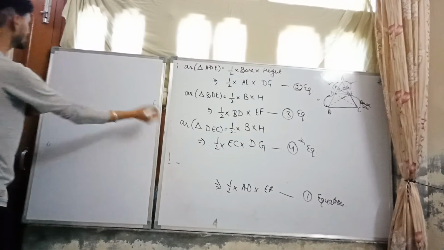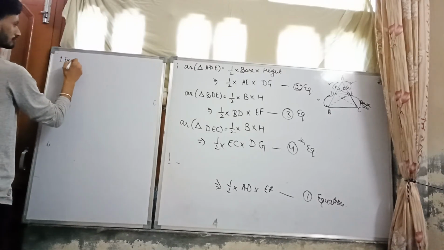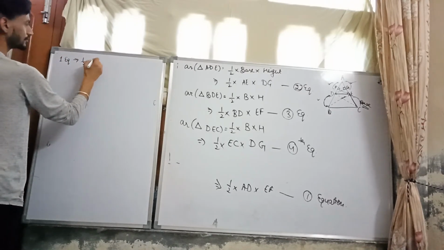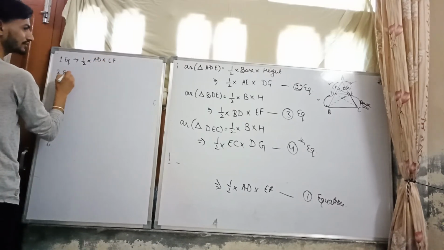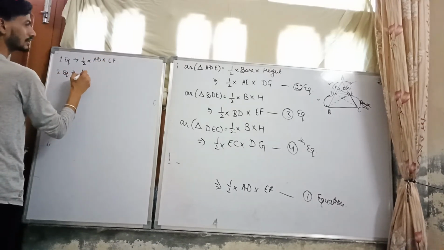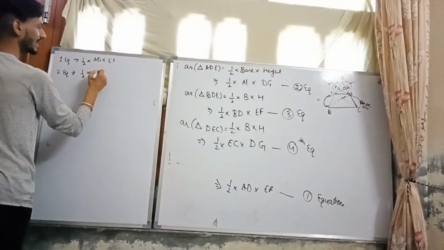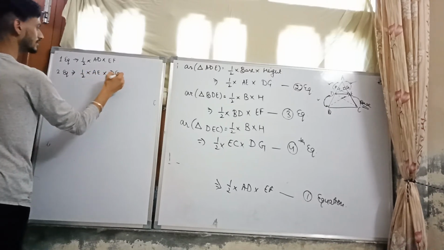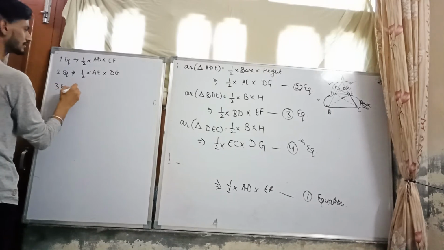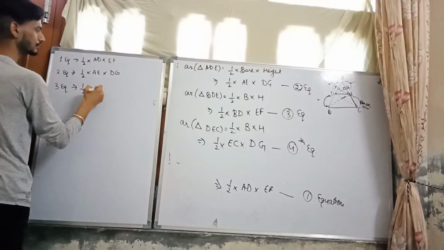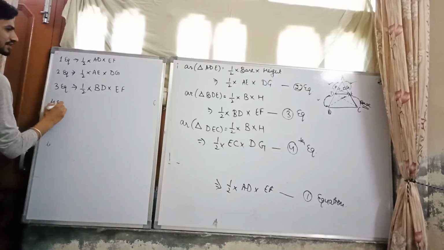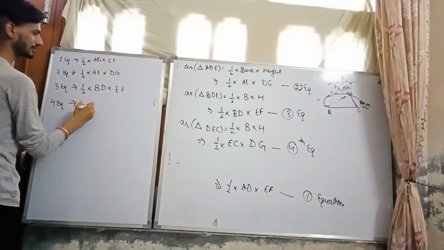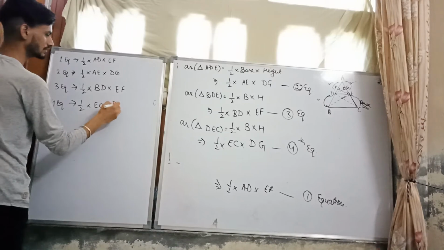Our first equation is half into AD into EF. The second equation is half into AE into DG. The third equation is half into BD into EF. And the fourth equation is half into EC into DG.